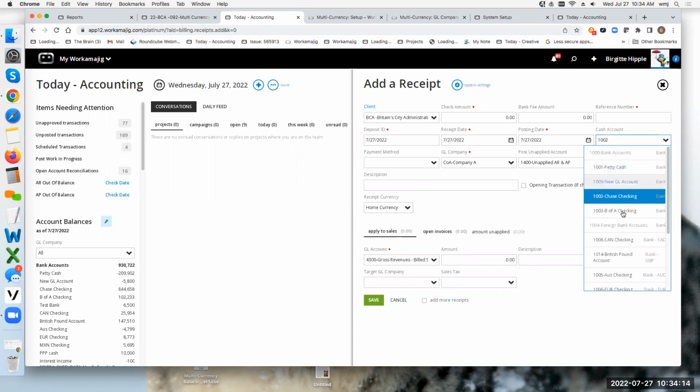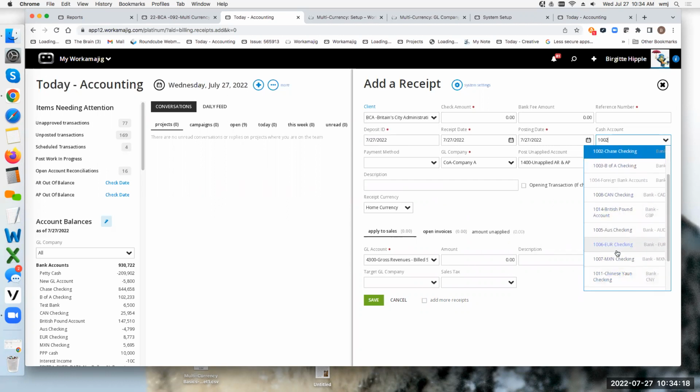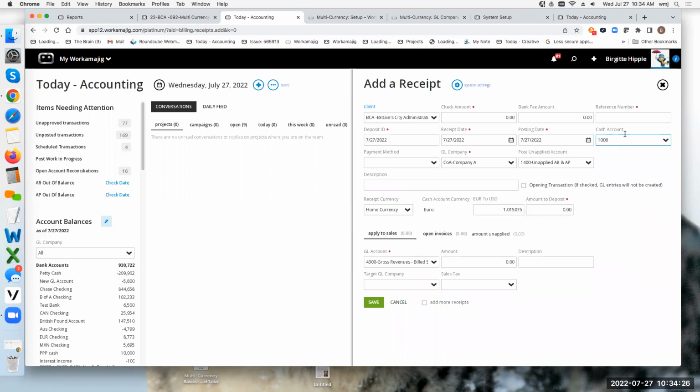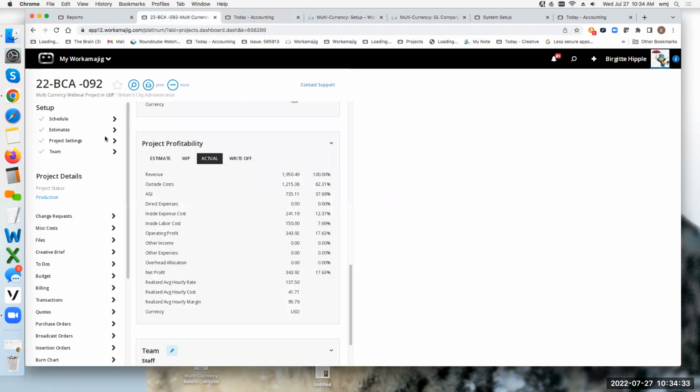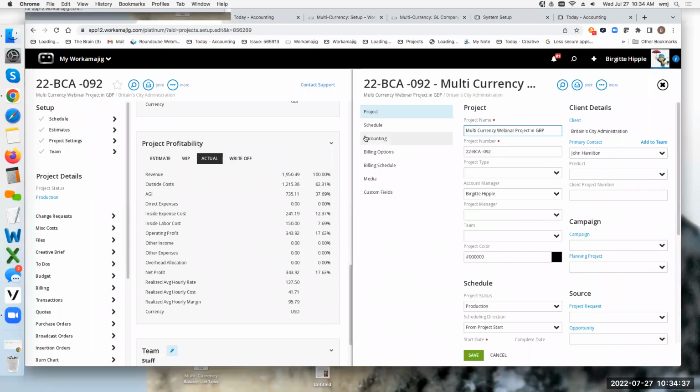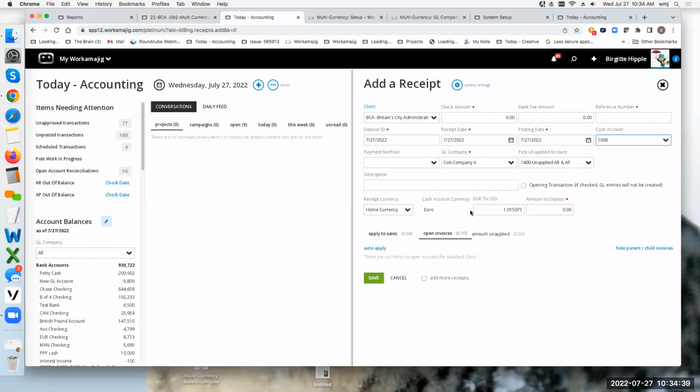So maybe I do have a separate foreign currency account that I want to use, or maybe I want to pay it out of my US account. You have that option. I'm going to go ahead and keep things simple for right now. I'm going to put it out of the cash account. And let me see, which GL company was this? Accounting, it was company A. Okay.